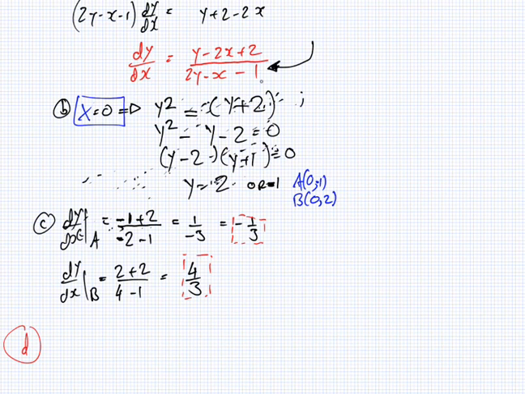This will make the slope undefined and so parallel to the y-axis. So we have 2y minus x minus 1 equals 0. This is not enough to find x and y by itself. We need another relationship between x and y, but we still have the original.